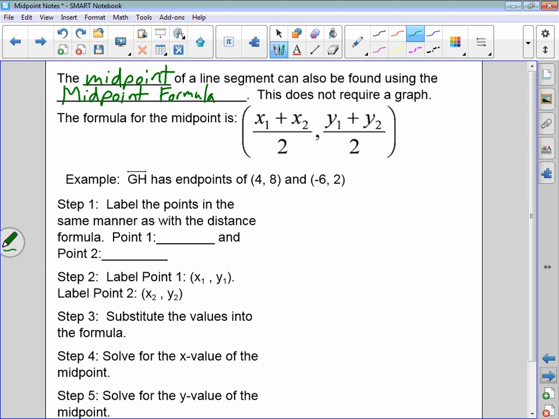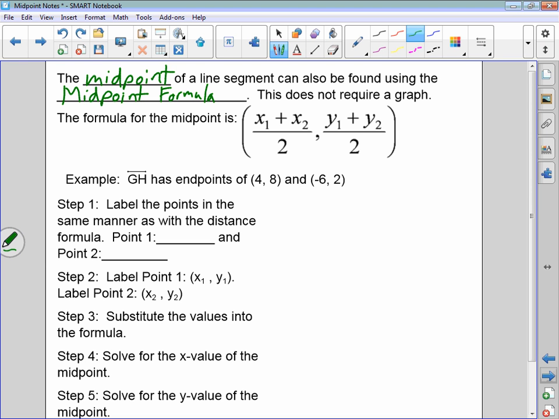You only need the endpoints. So this here is the formula. It says that the midpoint of a line segment is x1 plus x2 divided by 2, and y1 plus y2 divided by 2. So, looking at this, we are going to label the points in the same manner as with the distance formula.